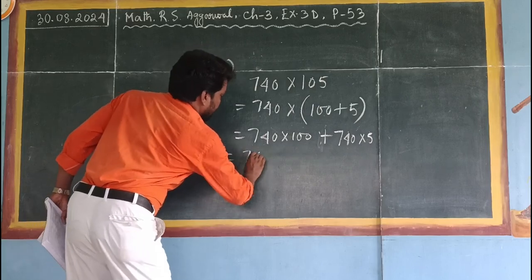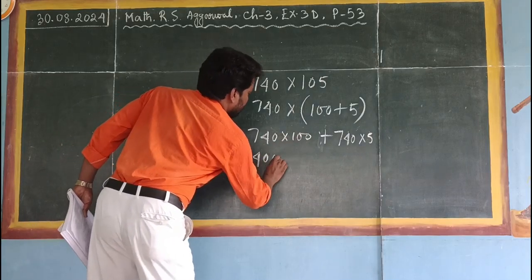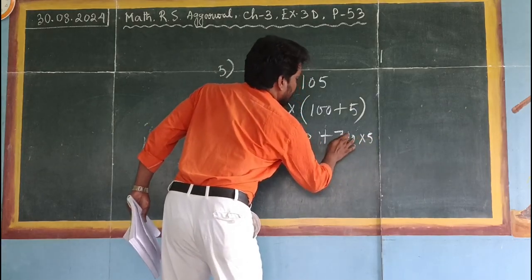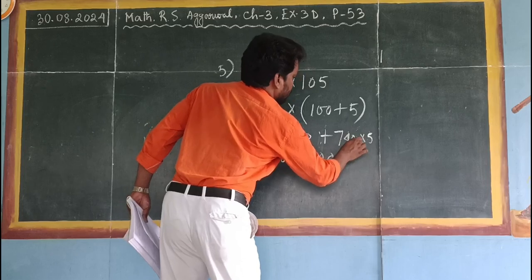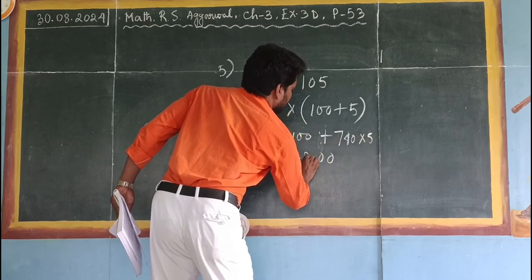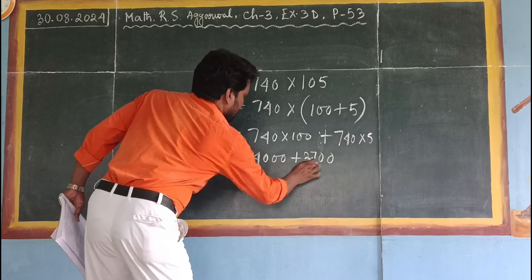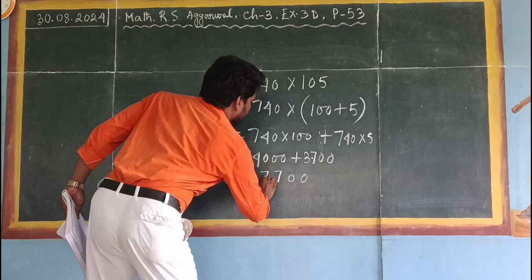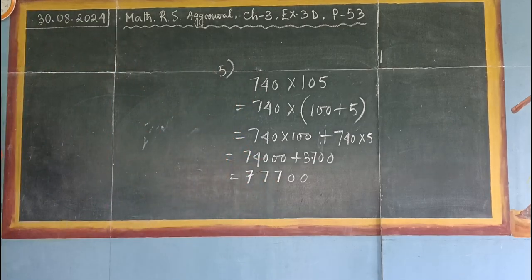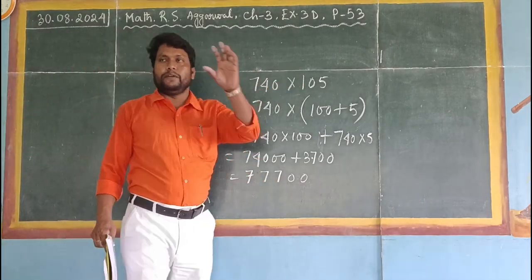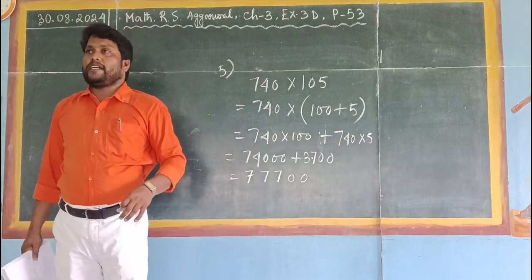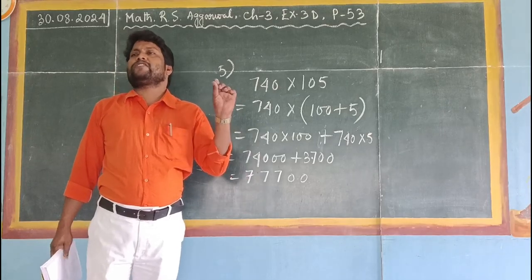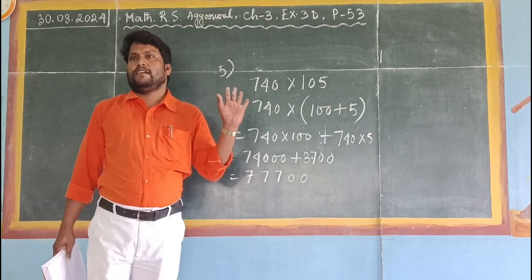Now 740 into 100, how many zeros? 2 zeros, 74000. Plus 740 into 5: 5 zeros are 0, 5 fours are 20, 5 sevens are 35, plus 2 is 37, so 3700. If you apply the property and solve, more than 5 or 6 minutes will not be needed.